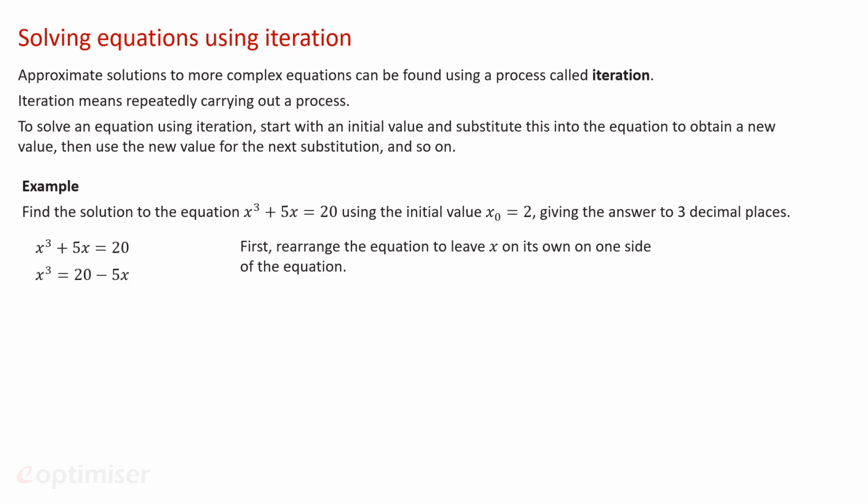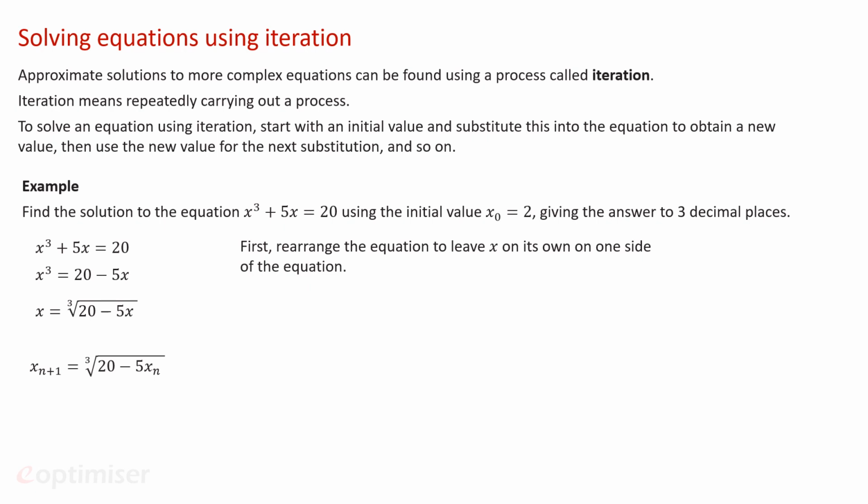So you can rewrite this one as x cube is equal to 20 minus 5x. Then you can write x as the cube root of 20 minus 5x. So here you have to write xn plus 1 is equal to the cube root of 20 minus 5xn.